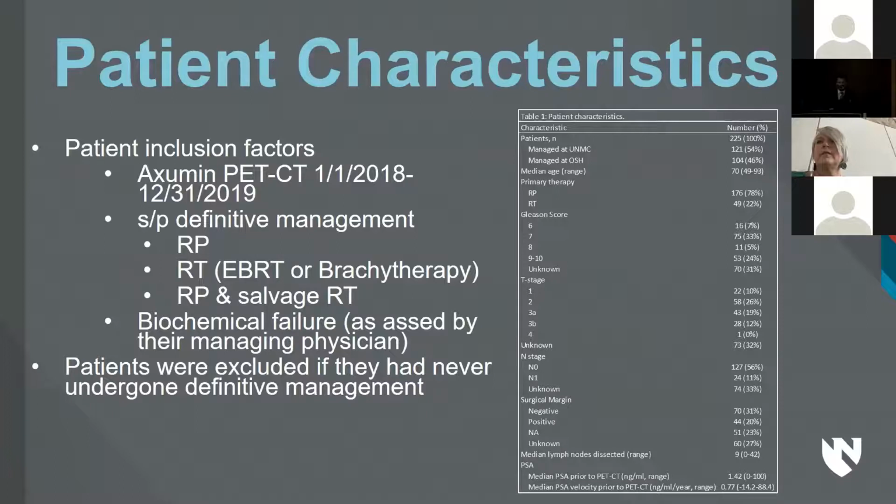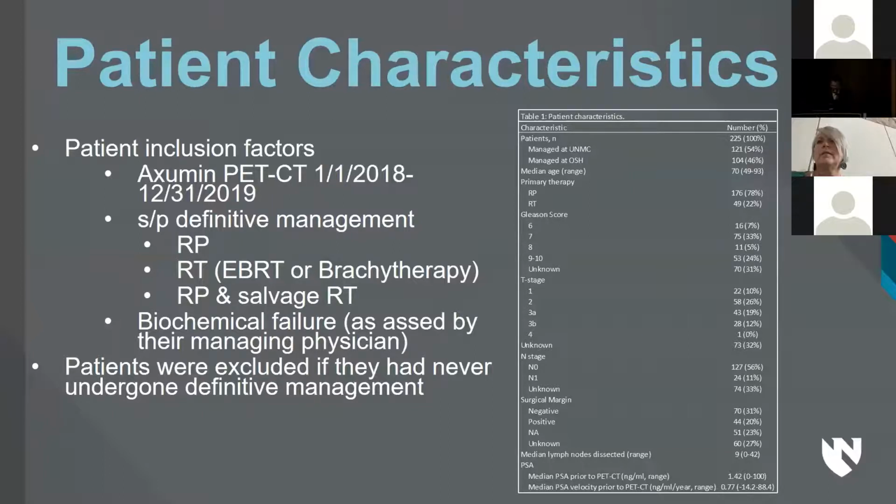Of the 225 patients scanned at UNMC, only 121 of them were actually managed at UNMC. The other 104 were outside referrals that were here just for their imaging, and then went back to their outside hospital for the balance of their prostate cancer management. However, we included both of these groups because they will help us identify where these positive findings are.